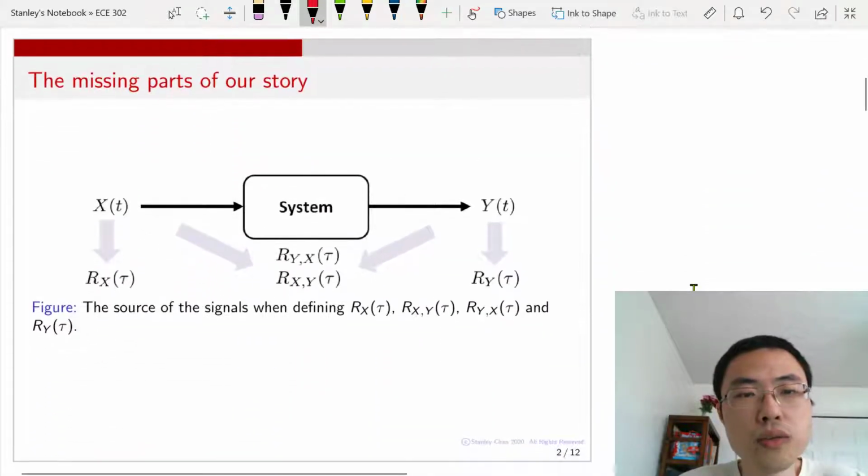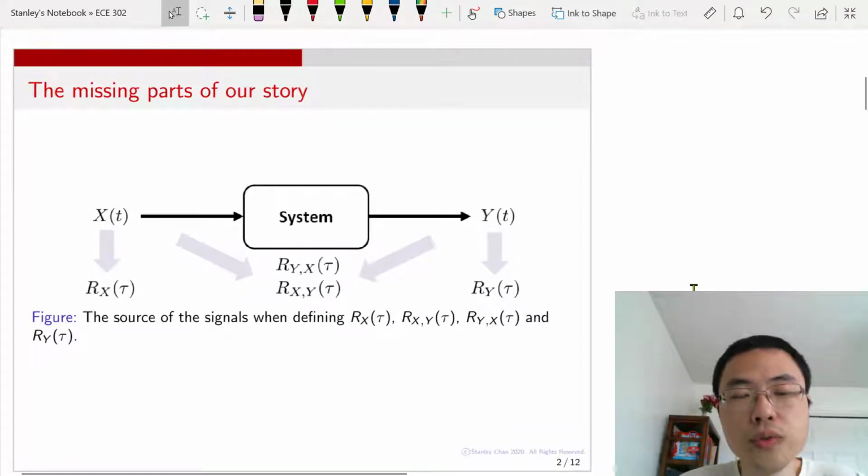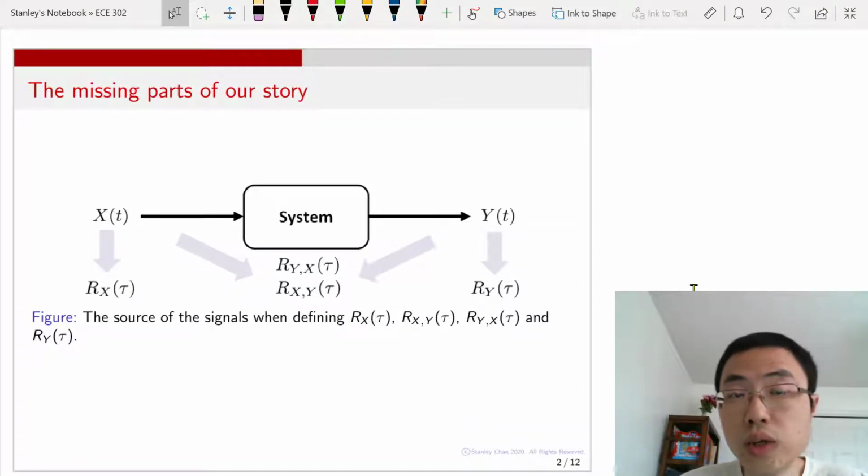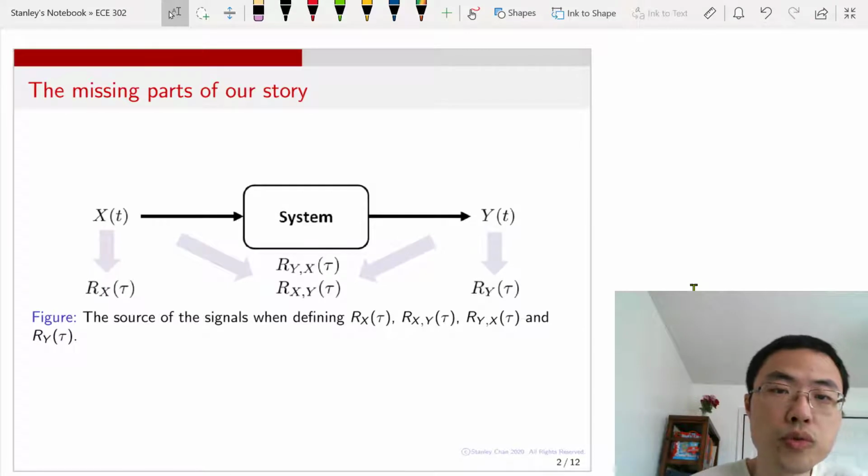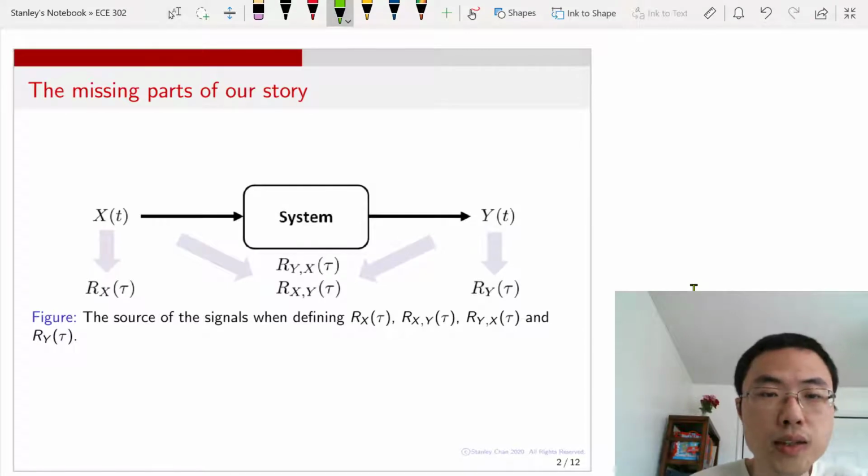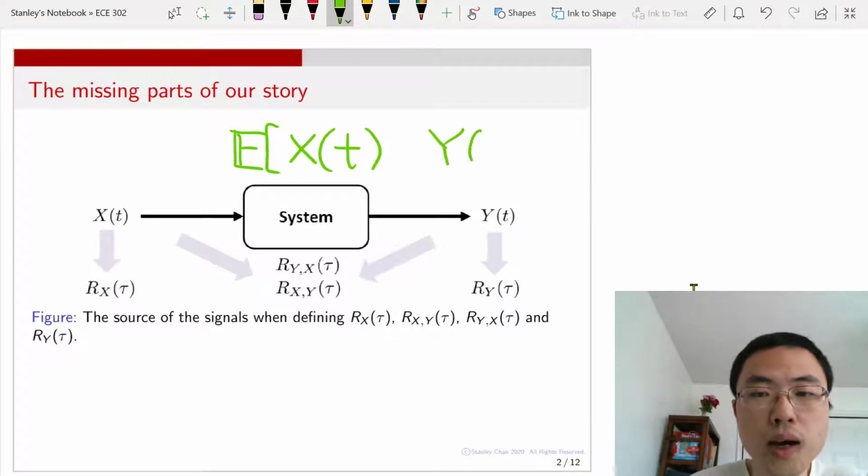So to get an overview of what we are going to do in this lecture, I'm drawing a diagram. In this diagram, what I want to know is the correlation between x of t and y of t.